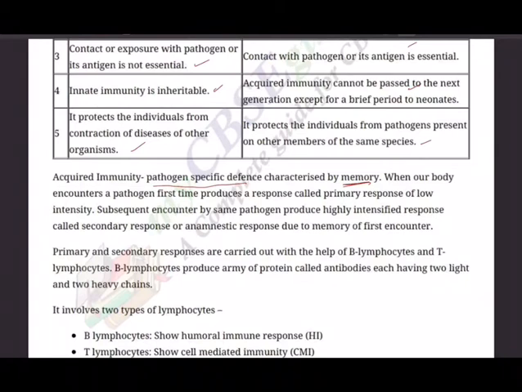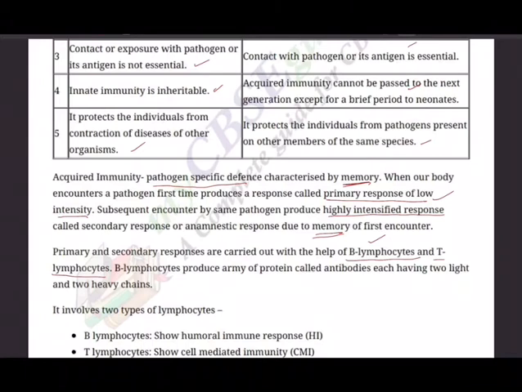When our body encounters a pathogen first time, it produces a response called primary response of low intensity. Subsequent encounters by the same pathogen produce a highly intensified response. This is called secondary response or anamnestic response due to memory of the first encounter. This is based on memory. So primary and secondary responses are carried out with the help of B lymphocytes, bone marrow, and T lymphocytes, thymus lymphocytes.